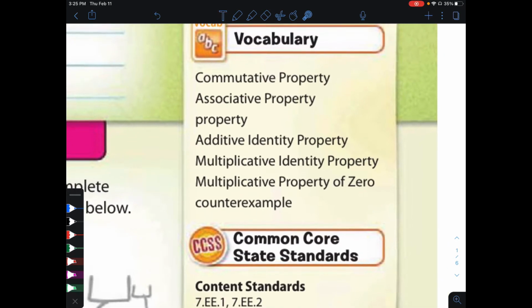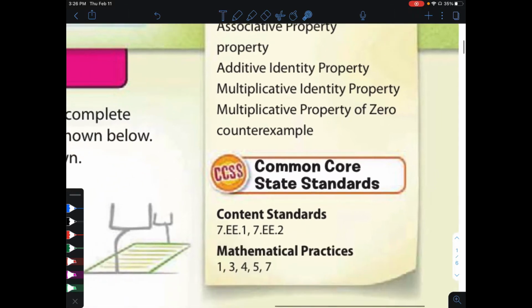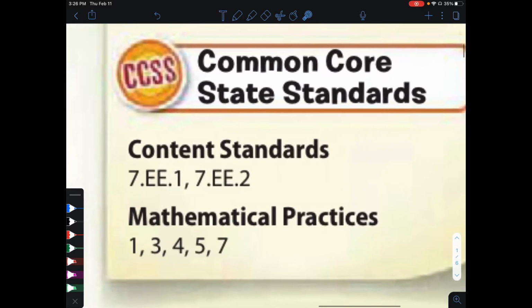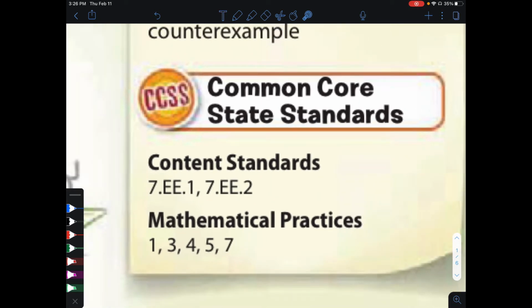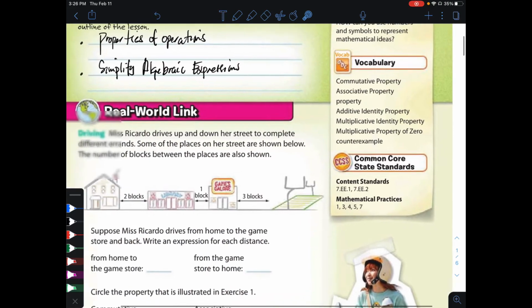The vocabulary that we are going to be learning are these: commutative property, associative property, additive identity property, multiplicative identity property, multiplicative property of zero, and the word counter example. These are the relevant standards that we are going to be using for this lesson.